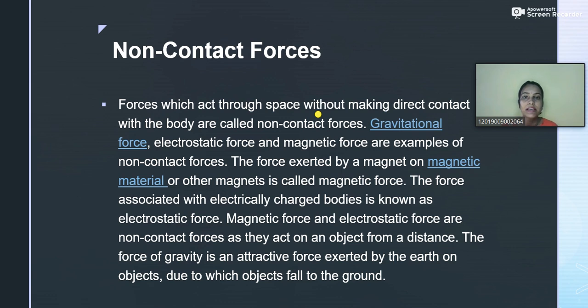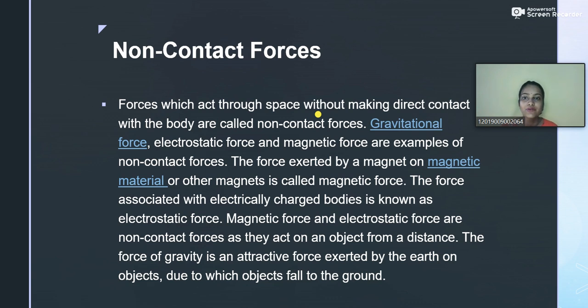The force exerted by a magnet on magnetic materials is a non-contact force. When we bring iron in front of a magnet, it gets attracted, and this phenomenon is due to the magnetic force.